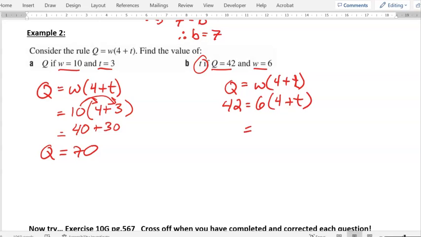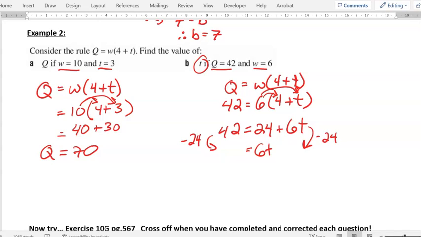This time I really do have to expand my brackets, and I'm going to multiply 6 times 4, which gives me 24. I'm also going to add that to 6 times t. So I've got to do it that way this time. Now, if I want just 6t, I've got a positive 24, so I'm going to take 24 away from each side.